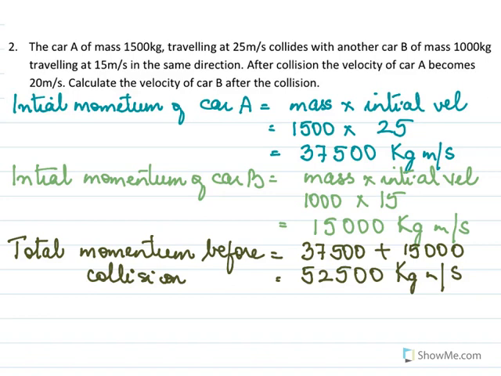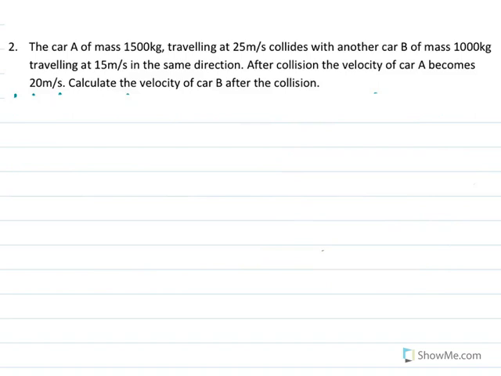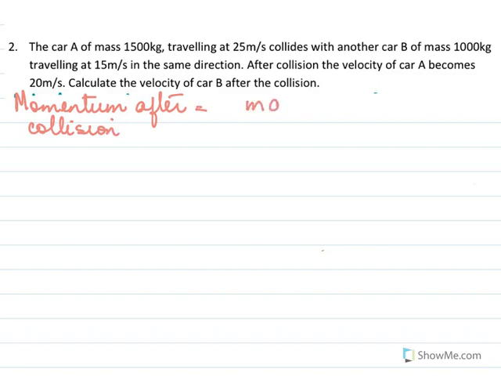Now let's go ahead and find the momentum after collision. This is of A, which is the mass of A into the final velocity of A, because this is after collision.